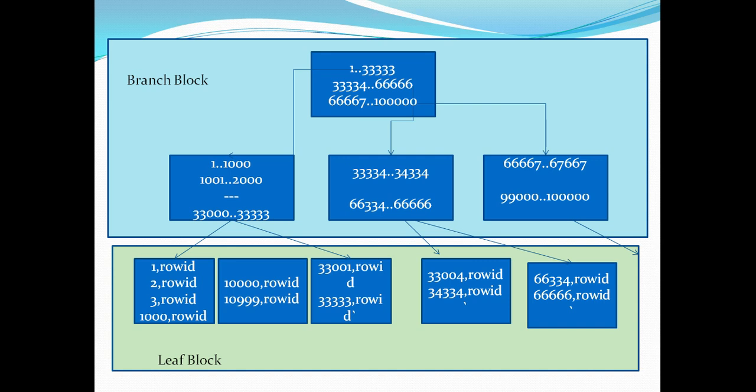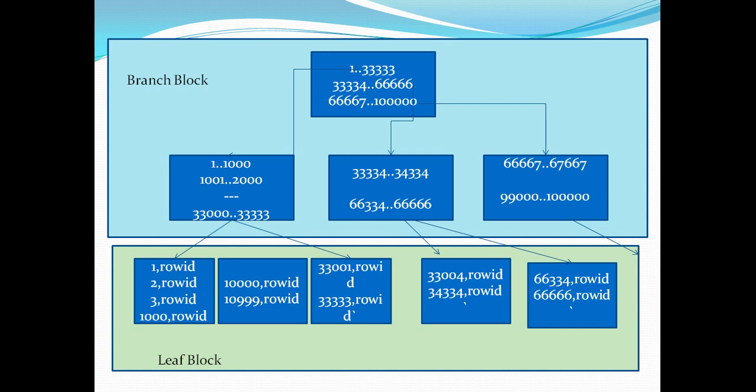Then we discussed the structure of the B-tree index. It's not binary tree, it's balanced tree. And why is that? In order to retrieve the physical location with any index key, it's going to take approximately the same time. That's why we call it balanced. It has 2 types of blocks, the leaf block and the branch block.